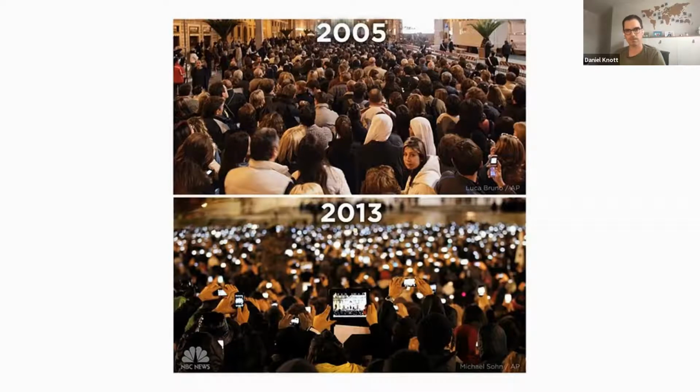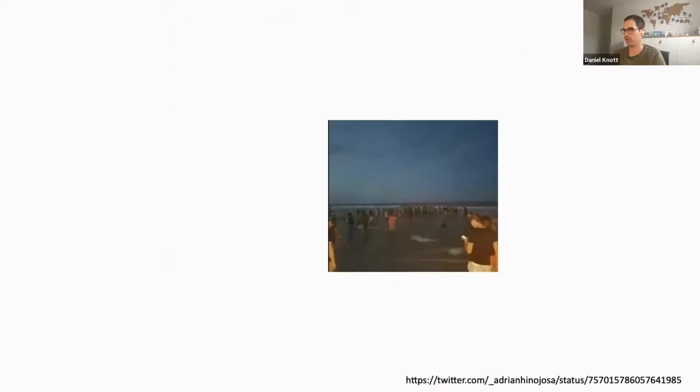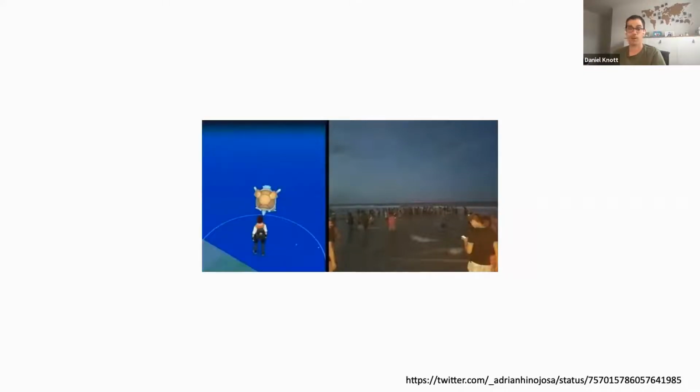Another example that I found really interesting, I found this on Twitter. Maybe you've seen it, the tweet is down below. When I saw the tweet, I wondered why people are standing with their devices in the middle of the ocean. And then, of course, the next tweet of that person showed the answer, and it was because of Pokemon Go.